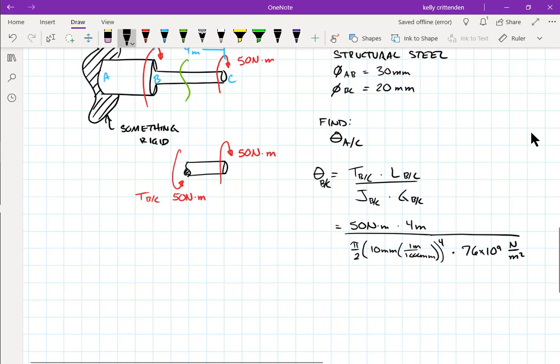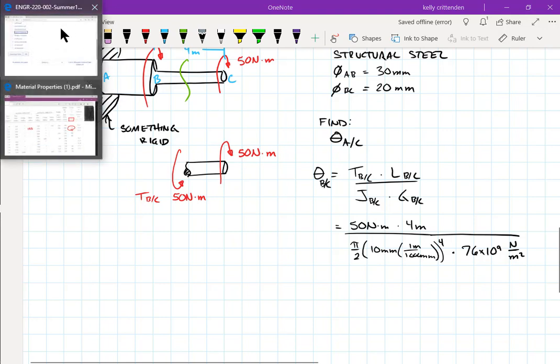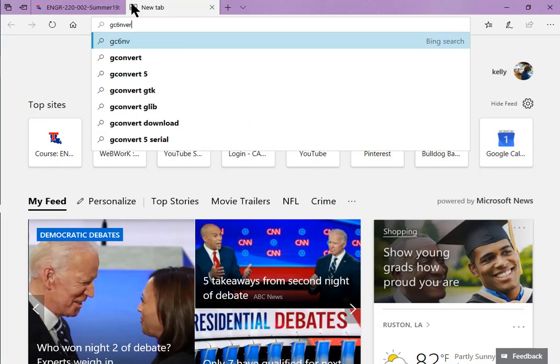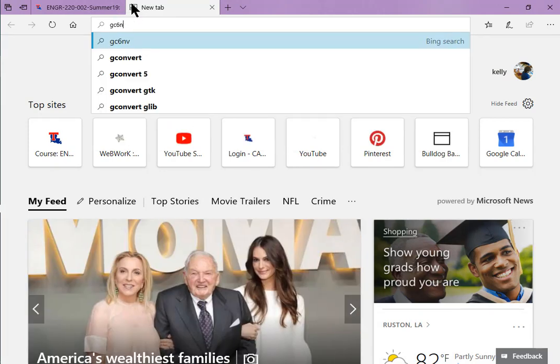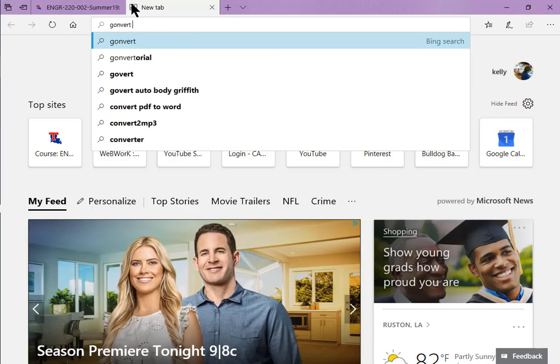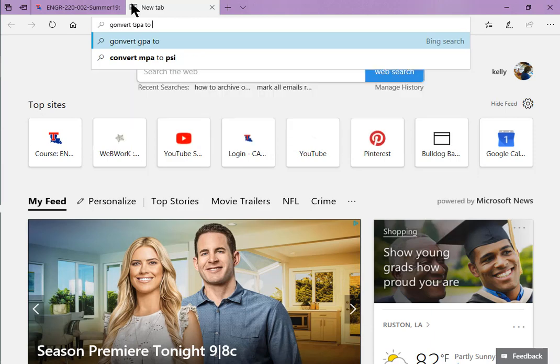Just so you're aware, there was one of the students in the other section, they searched on Google for, let's see if I can find it. They searched, I think, convert gigapascals to newtons per millimeter squared.